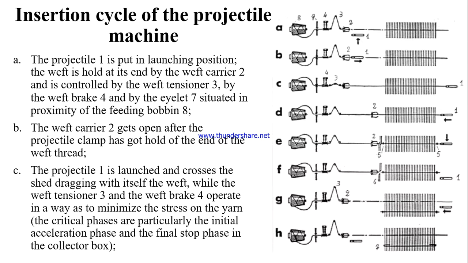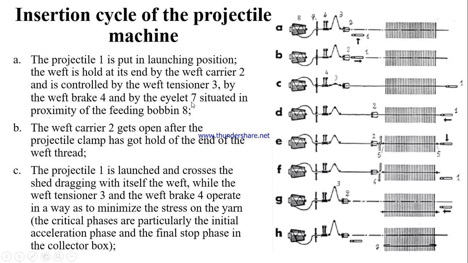That is very, very important, keeping the uniform tension throughout the weft insertion cycle. The weft brake 4 will also help in keeping the uniform tension, as well as help in releasing the predetermined length of the yarn. As much length as is required, the accurate length for the weft insertion based on the reed space or reed width, that much yarn will be released by this weft brake.